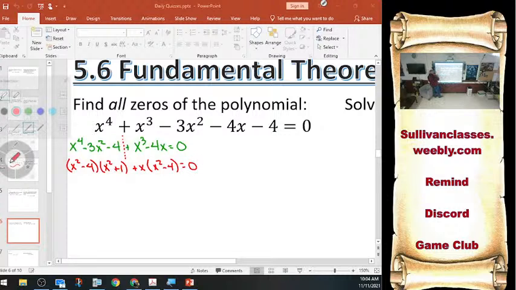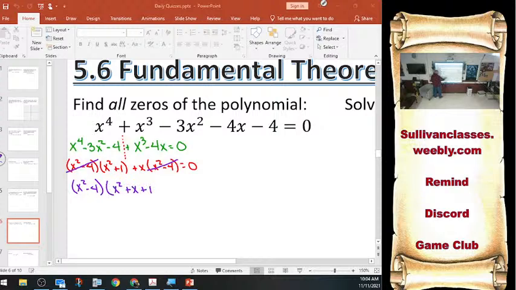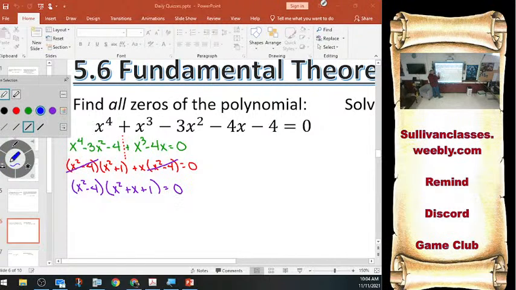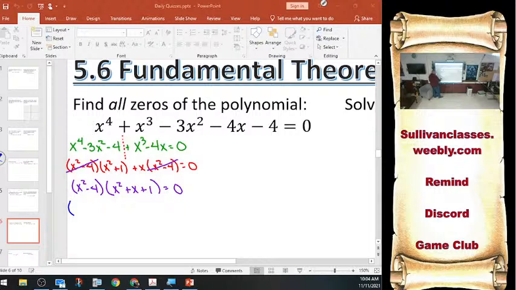They now share an x squared minus 4, so I'll take it out. When I do, this is the stuff I have left. This part is difference of squares. This part needs to go to quadratic formula or complete the square.